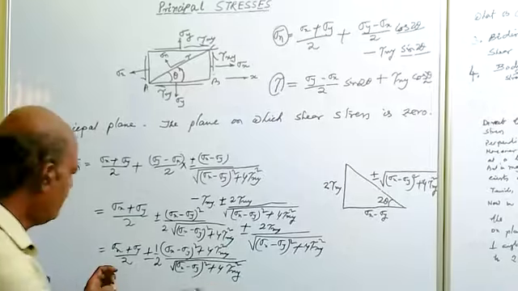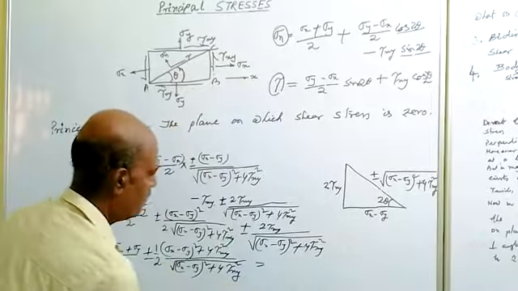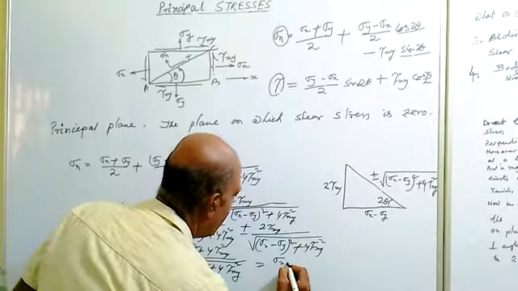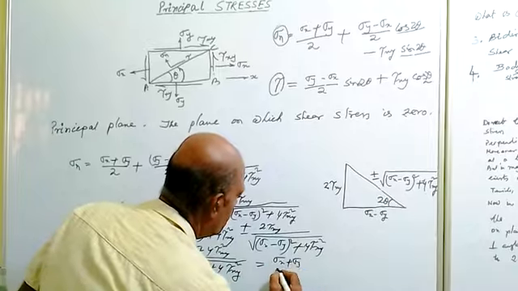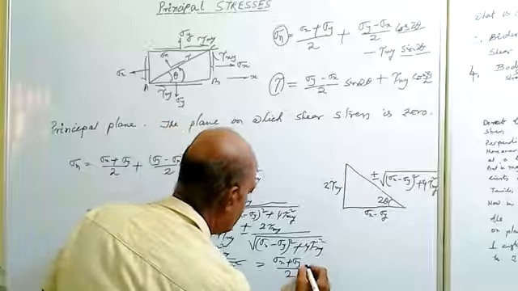And further simplification gives sigma x plus sigma y by 2 plus minus.